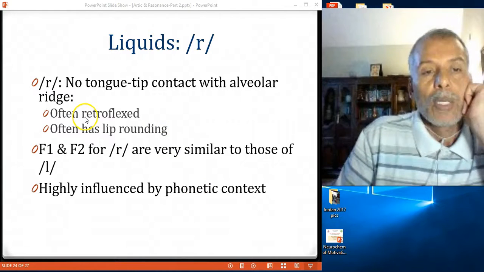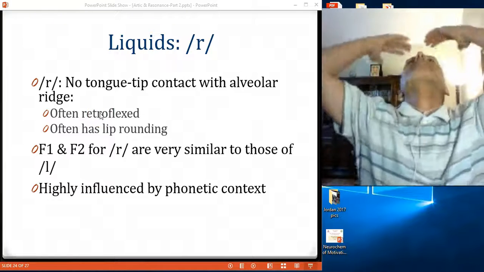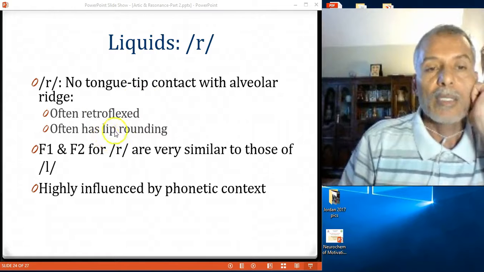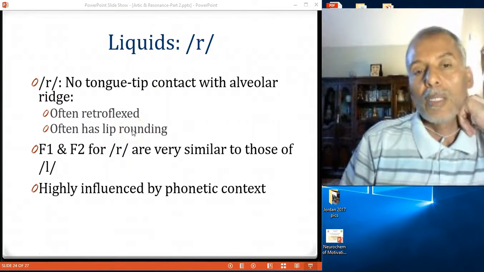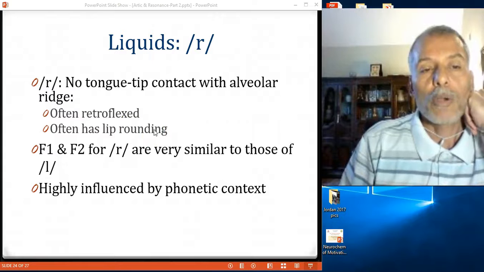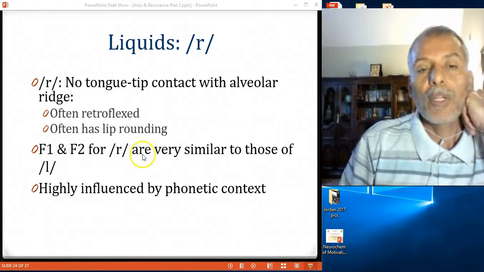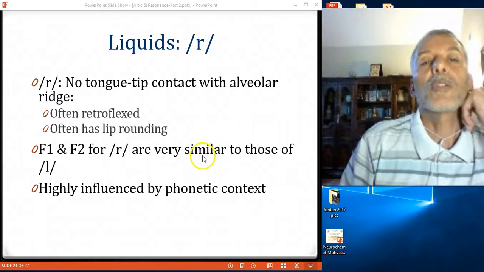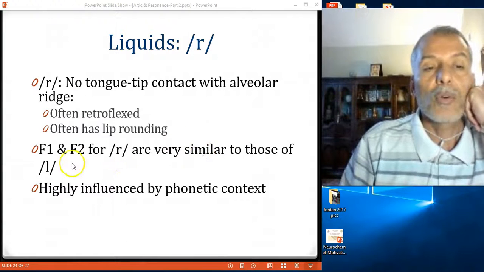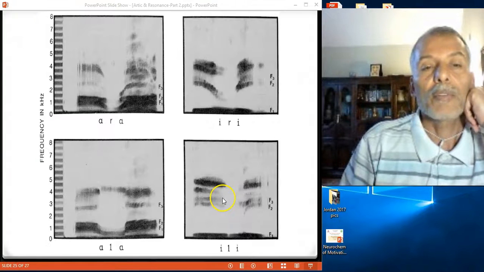We call it retroflexed because the tongue is retroflexed back and shaped like a spoon, and at least in American English, it has labial rounding. So F1, F2, F3 for R are very similar to those for the L sound. And it is, of course, like any other sound, influenced by what comes before and what comes after.